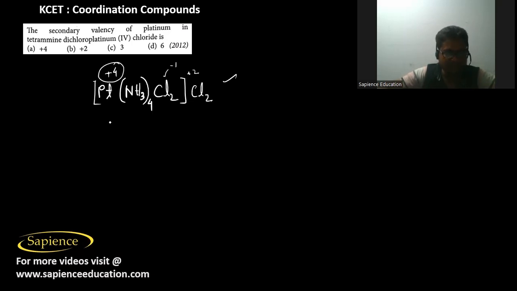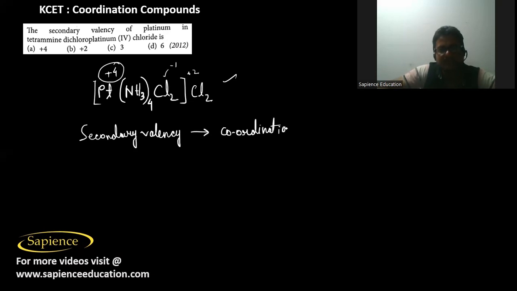But secondary valency means the coordination number of the central metal atom or ion.